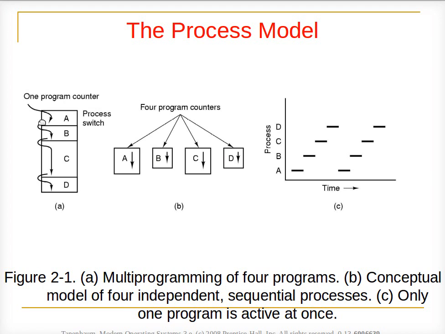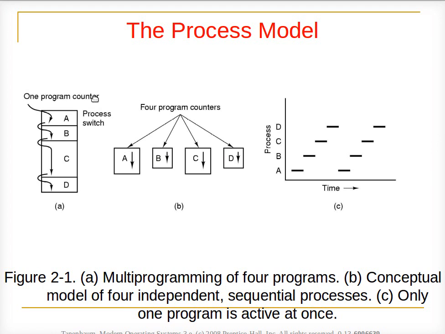When the processor evicts the process, the eviction place is saved, and the program counter gets updated to the new process, which then executes instructions in process B. When B gets evicted, the program counter gets updated to process C, and we can see that the program counter goes instruction by instruction until C is done, and then D comes in.